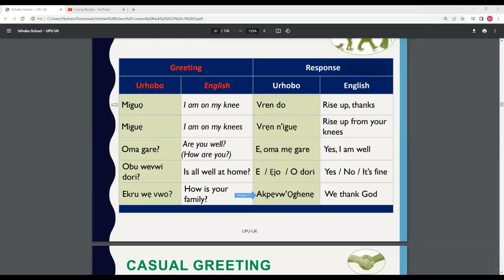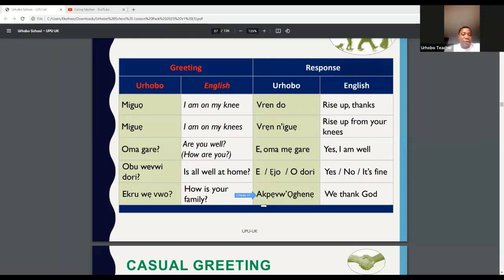Sorry, can you repeat that, please? Akpewogene. Can you repeat the akpe bit? Akpewogene. Akpe. Am I saying it right? Yes, you are. Okay, thanks. Cheers. Good.